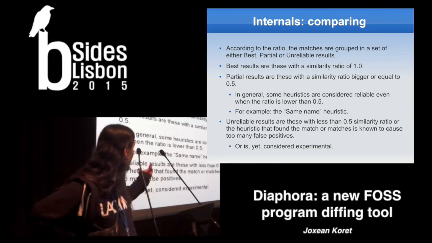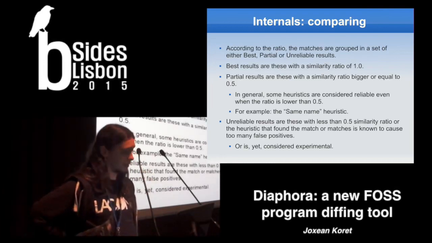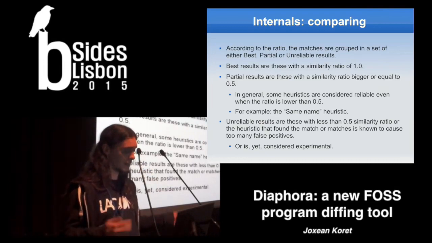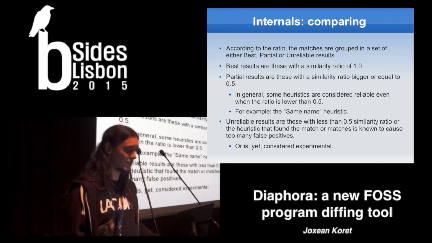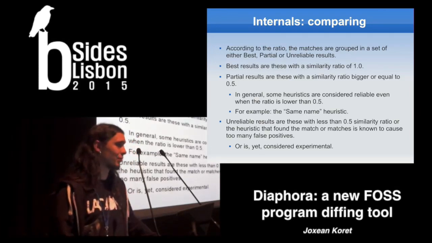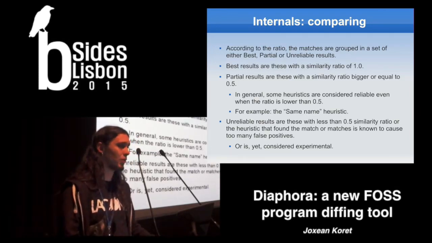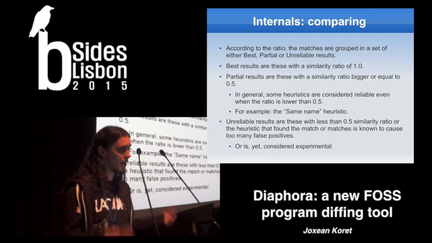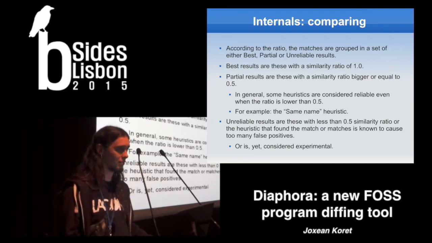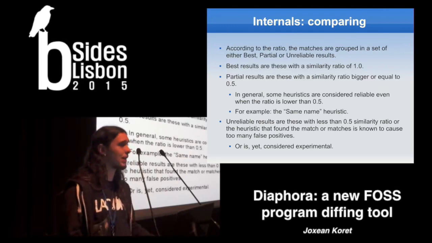Also, the last results are the unreliable ones, and these are those with less than 0.5 similarity ratio, or where the heuristic that found the match or matches is known to cause too many false positives. For example, I use one heuristic that simply compares the number of loops in a function. If a function has, say, 5 loops, it is a very small number of loops, and it can cause a lot of false positives.